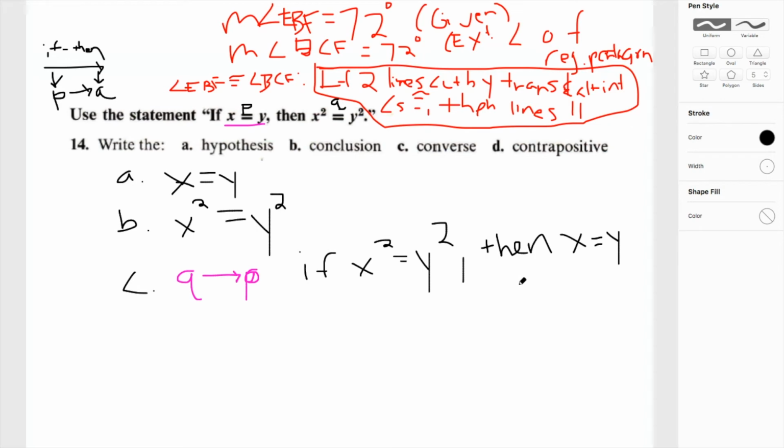If x squared equals y squared, yes, it's possible x equals y. For instance, if x squared equaled 25 and y squared equaled 25, it's possible that x would equal 5 and y would equal 5. That would all make sense. But if x were 5, for instance, what's an example of a y that doesn't equal 5, that doesn't equal x?